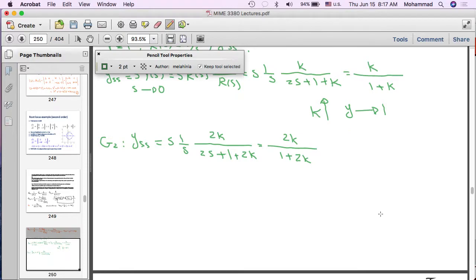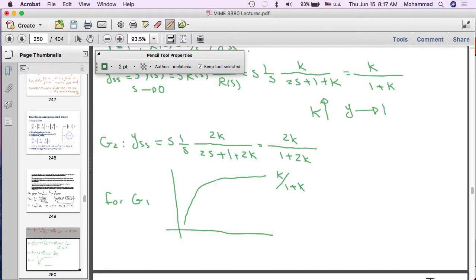So let's draw that for G1. The response to a unit step is that it starts from 0 and gradually increases and levels off. This value we have calculated is going to be k over 1 plus k for G1.